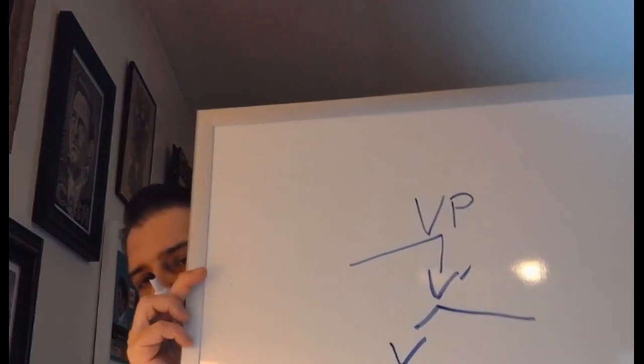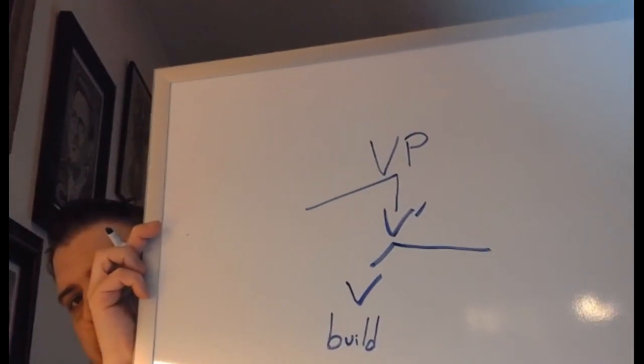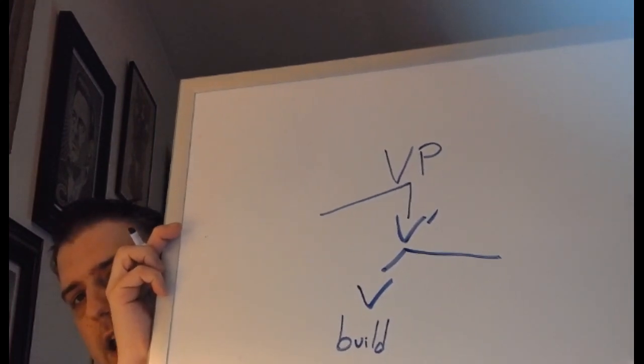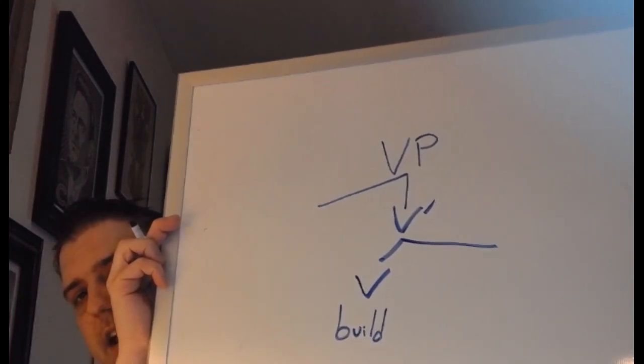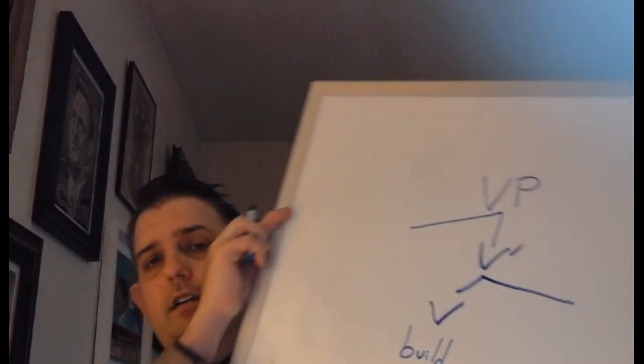So build is a verb that has two theta roles. It has an agent theta role. It has a theme theta role. So we can look at its general VP structure like this. It's going to have a position for a complement and a position for a specifier, which is great.